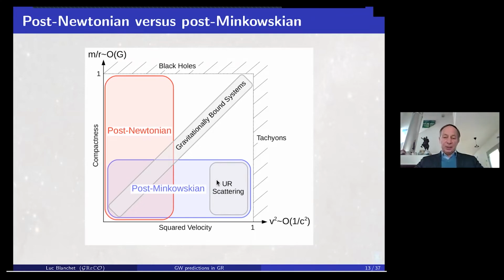There will be a scattering angle that you can compute using post-Minkowskian approximation, and in particular, you can compute the ultra-relativistic scattering of two particles, because the post-Minkowskian approximation is valid independently of the smallness of this v squared parameter, which can be of the order of 1 for the ultra-relativistic scattering.